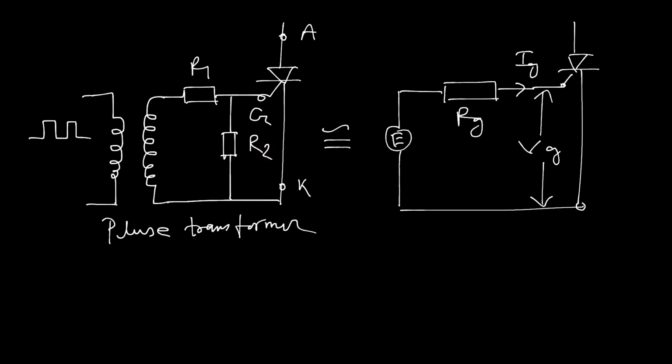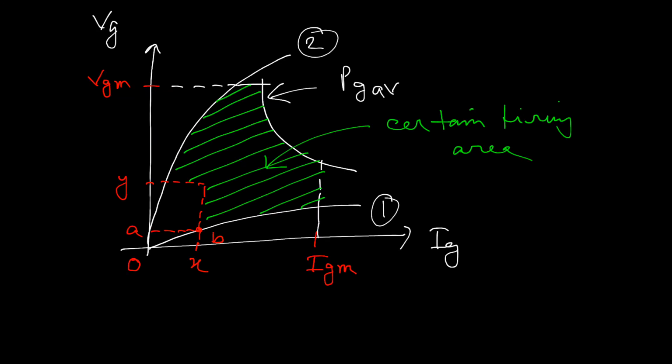In this case, RG equals R1 parallel to R2, and due to the presence of E and RG, Ig can be defined, and the gate to cathode voltage difference is suppose Vg. So by considering this, we can plot all the parameters in this figure. So let me erase something.